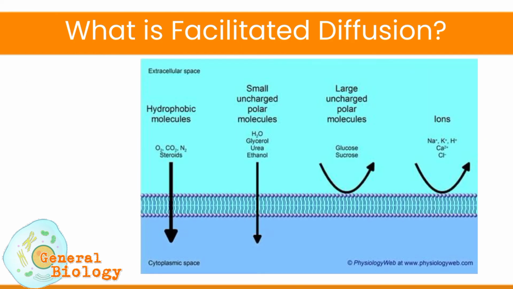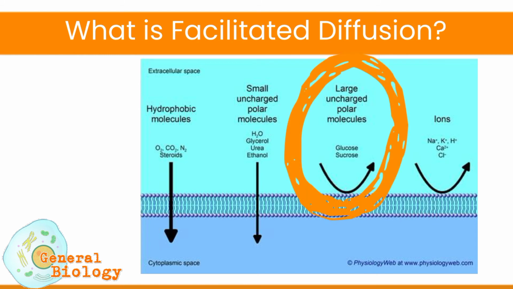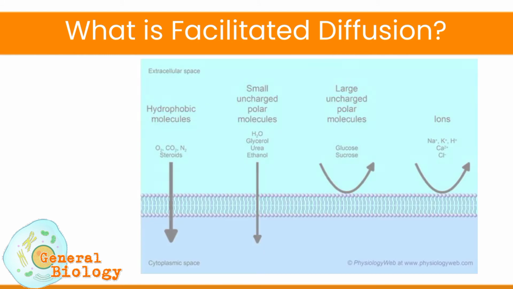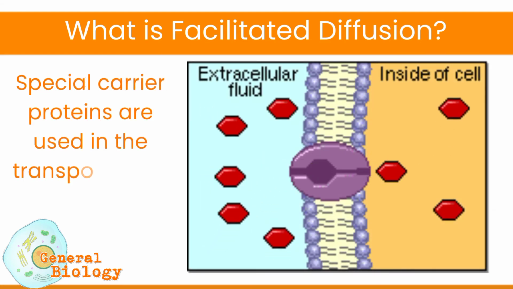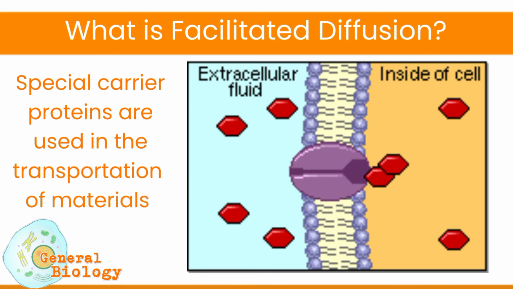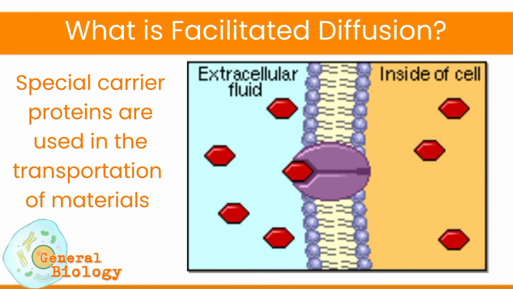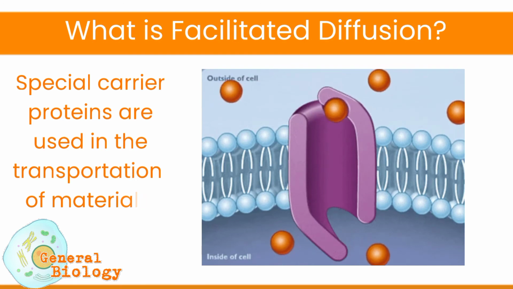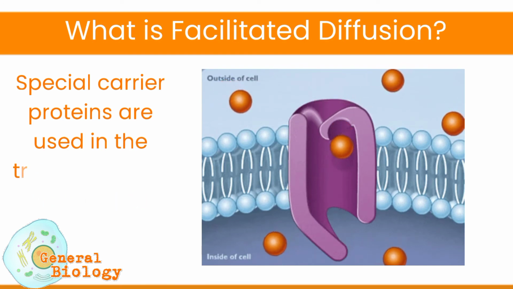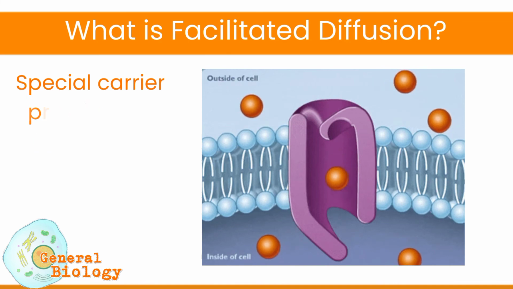Although glucose can be more concentrated outside of a cell, it cannot cross via simple diffusion because it is both large and polar. To resolve this, a specialized carrier protein called the glucose transporter will transport glucose molecules into the cell to facilitate its inward diffusion. This is the reason why it is called facilitated diffusion.